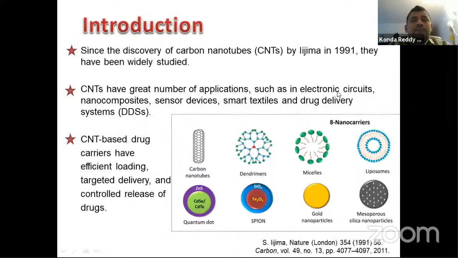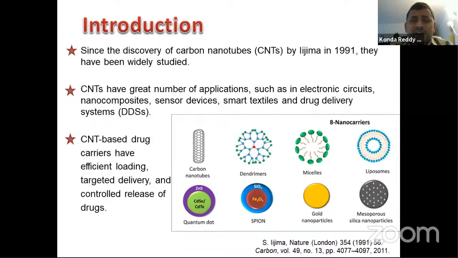So we all know that carbon nanotubes are widely used for drug delivery systems. There are many nanomaterials used in drug delivery systems, including liposomes, micelles, and dendrimers. These are all widely used for drug delivery systems, and carbon nanotubes are also widely used.